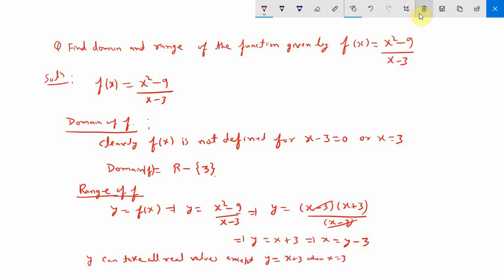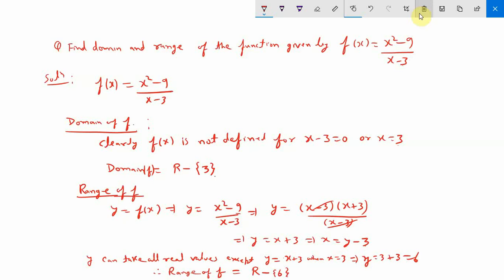Since 3 is not in the domain, so y equal to 3 plus 3 equal to 6 is excluded, therefore range R of f equal to the real number set minus 6. Okay. So in this way we can find domain and range of a given real function.